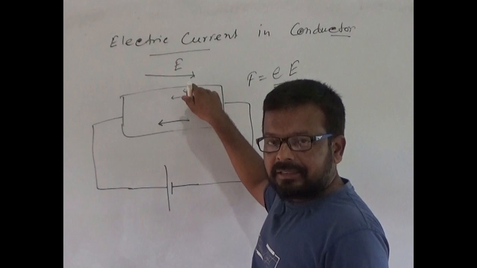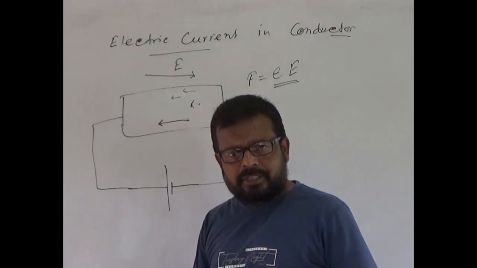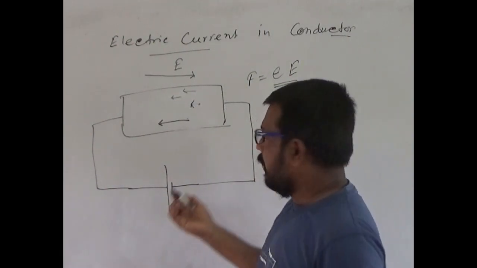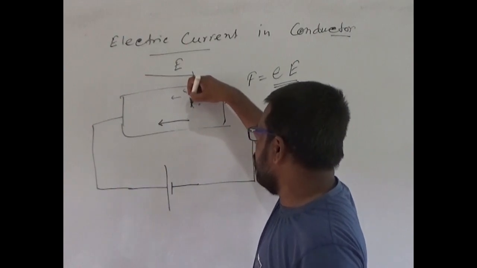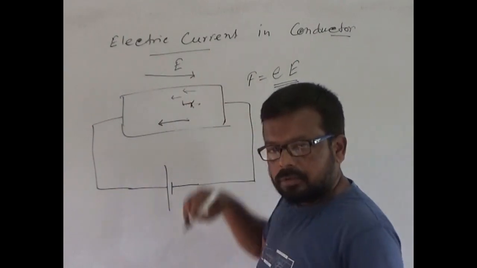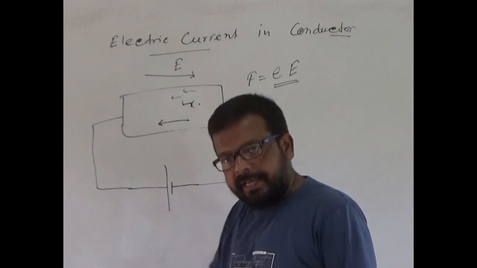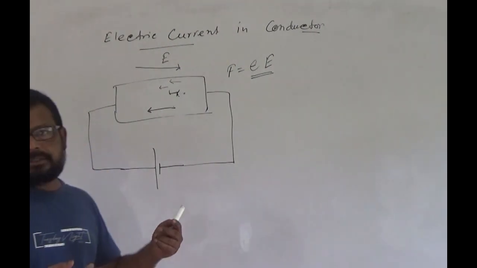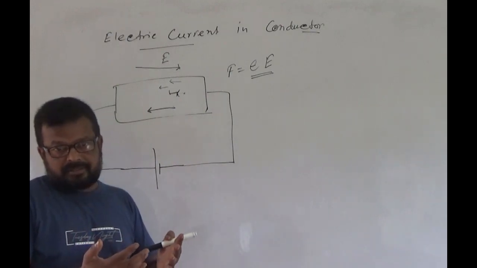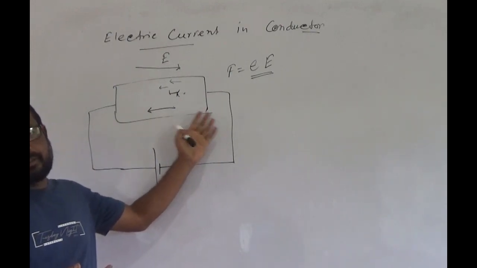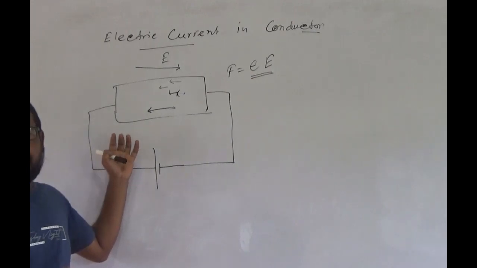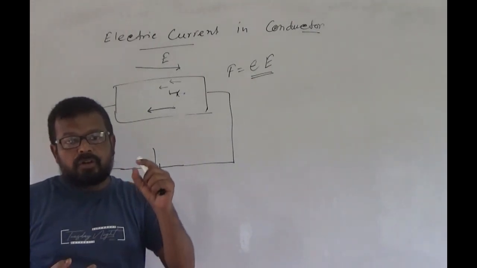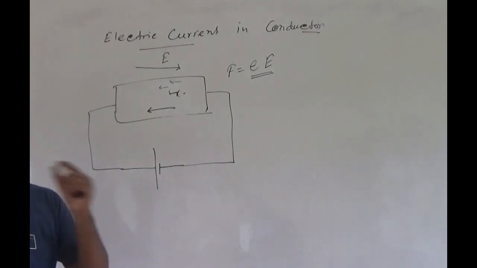Then again the electron experiences a force, so again it wants to move in this direction. Again it collides. Like this, the electrons will be moving from the lower potential region to the higher potential region at a very small velocity.